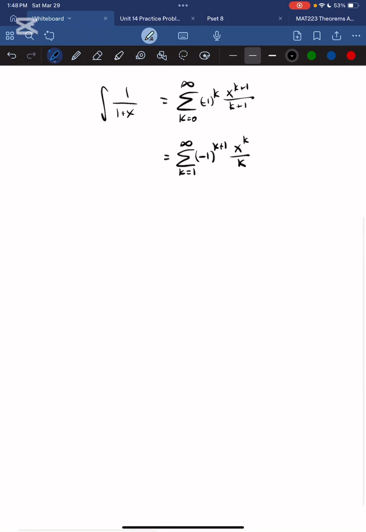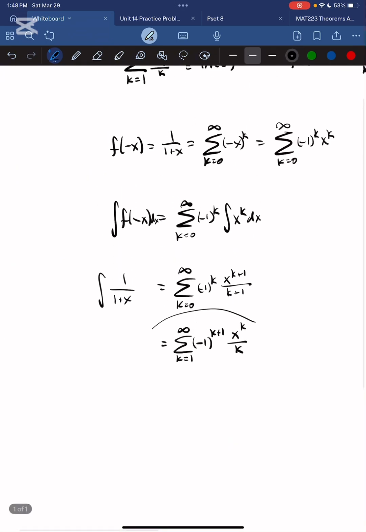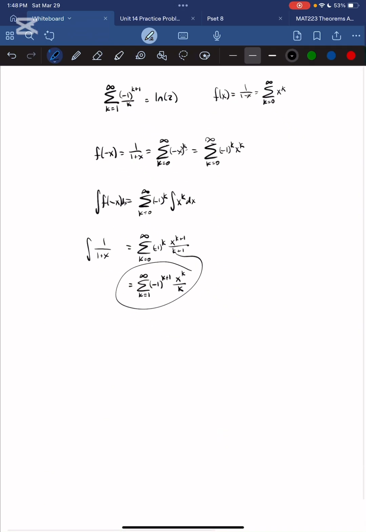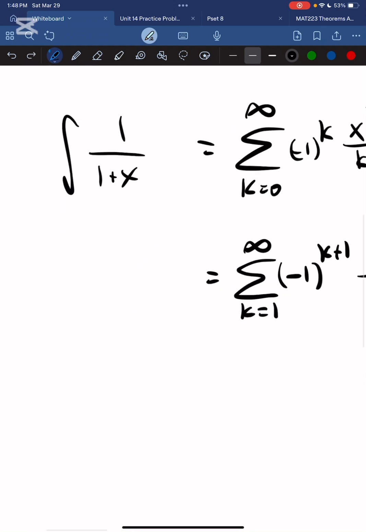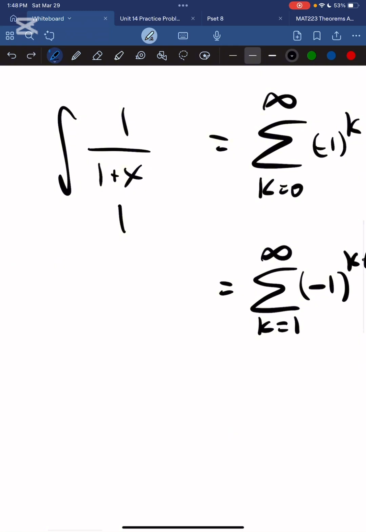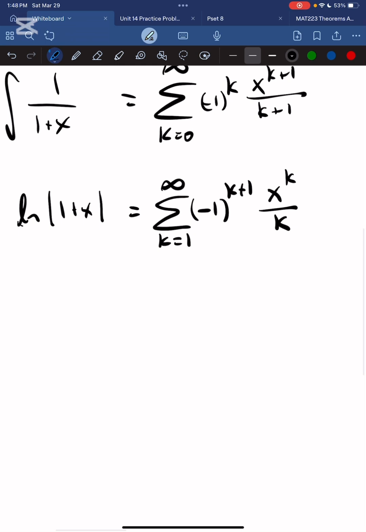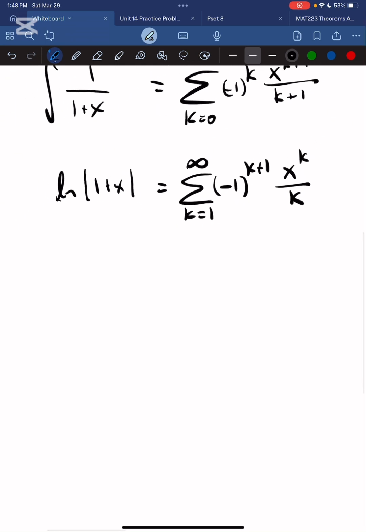Now, wait a minute. This is the exact same as this, except when we evaluate x equal to 1, right? And we know the integral of this is ln of 1 plus x. Look at that. And now this is what we do.